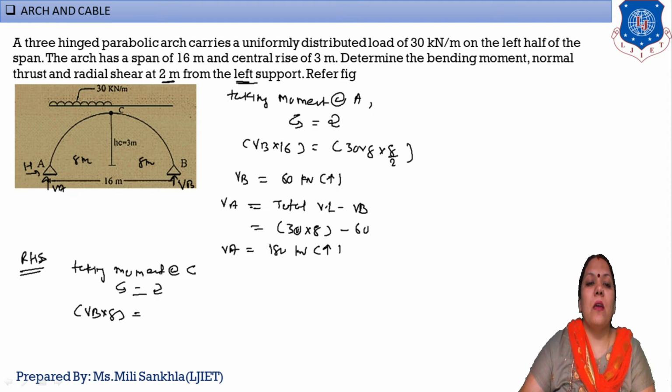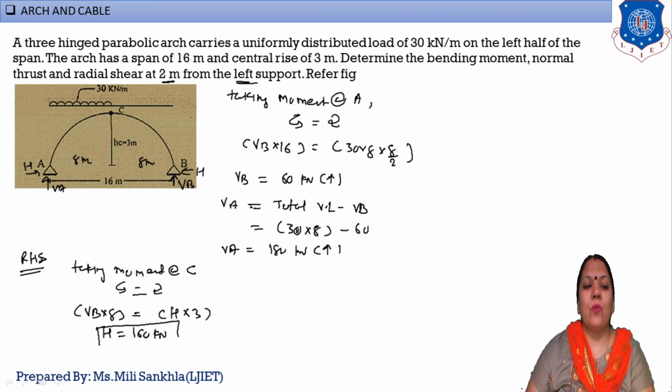This support reaction H also rotates anticlockwise, so H and this height is given as 3. Now put the value of VB. We get H is equal to 160 kN.